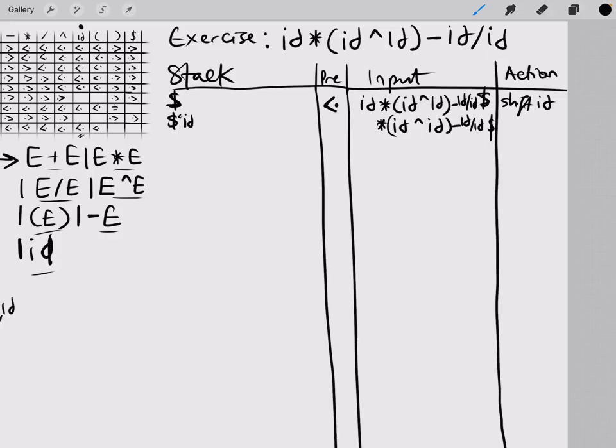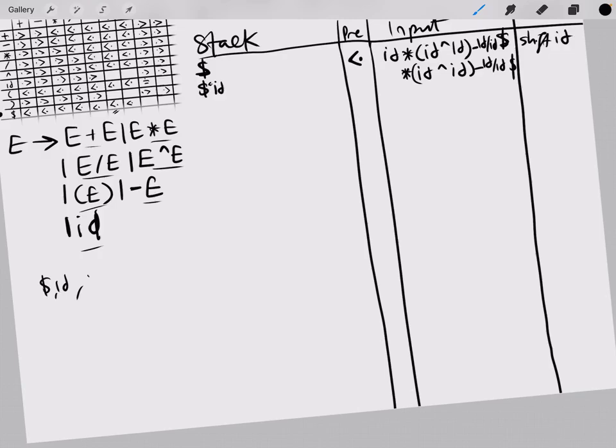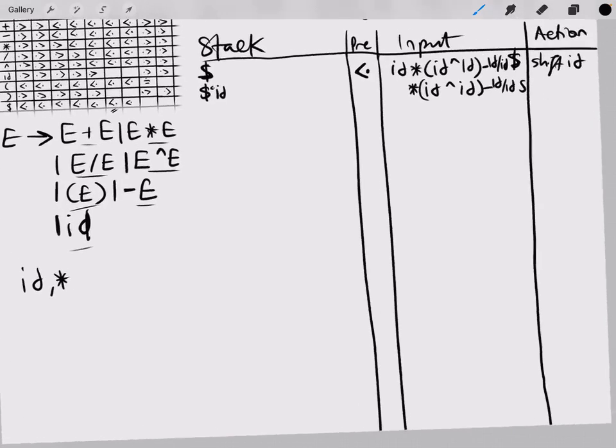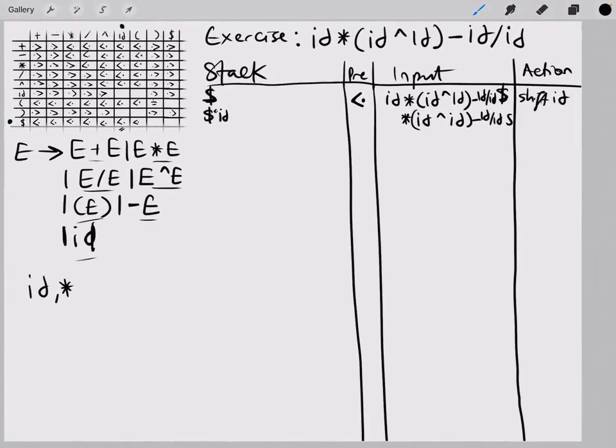Now we have ID and star. Which takes precedence? ID should take precedence over star. So because of that, we have a handle already that exists. This is a handle, because of this relation. This relation says reduce instead. So we reduce E derives ID.